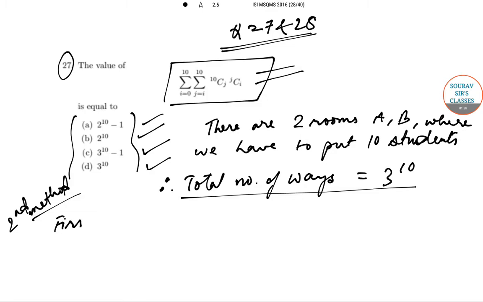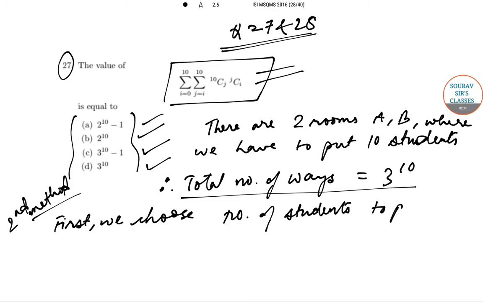First we choose number of students to put in the rooms. In that case, that will be equal to 10Cj.